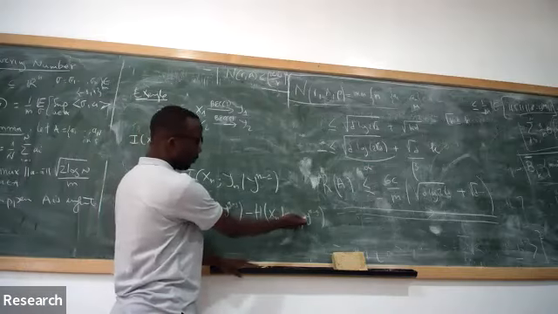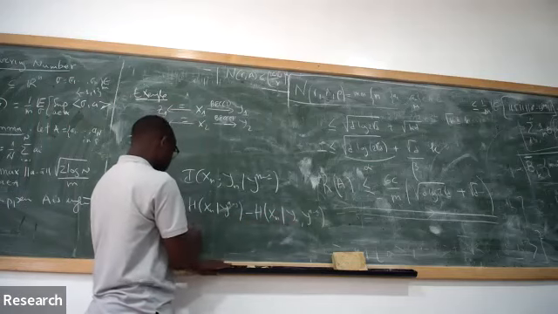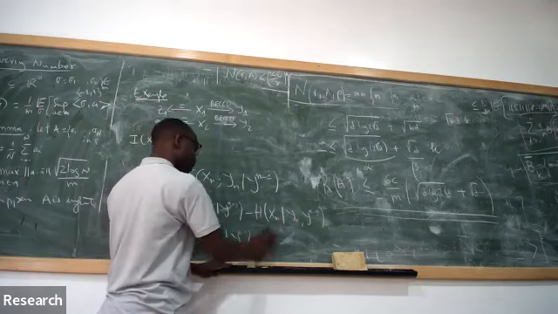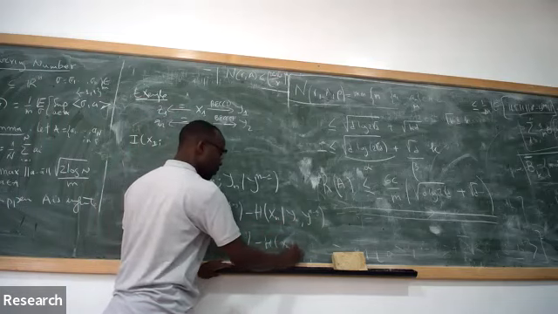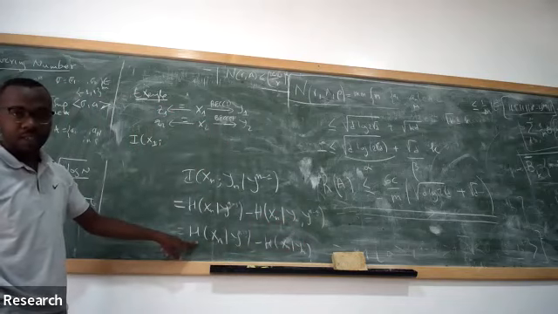But here, since you have yn, you can just remove this one. But this is correct, I think. I don't think so. I think the other way around would be correct. If you were looking at h of yn given xn, then you could remove the conditioning.